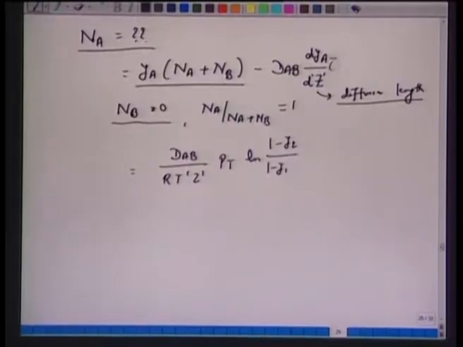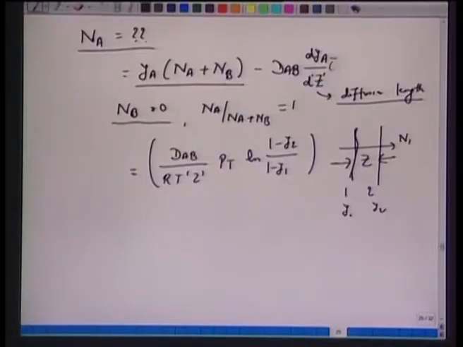This we have done after integration. You can go back and look at your class notes. Essentially, we have two planes, 1 and 2, with mole fractions Y1 and Y2, and this diffusion length Z. If we integrate Na between these with Nb equal to 0, you should be able to obtain this.